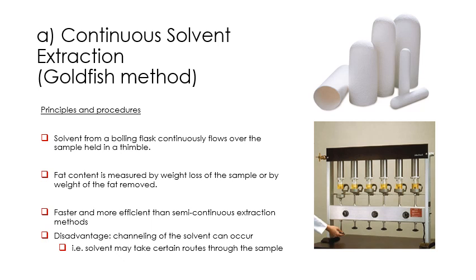This continuous solvent extraction method is faster and more efficient than semi-continuous extraction methods, but the problem is that channeling of the solvent can occur, where the solvent may take different routes through the sample, so you may not be able to fully extract the fat from your food sample.